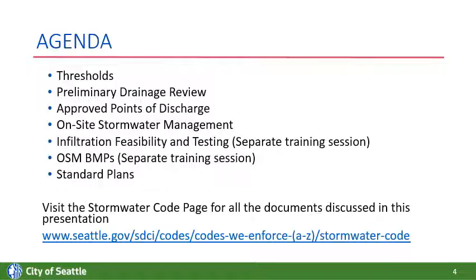And finally, we'll look at standard plans and some examples of some simple projects that can serve as a general overview of what we're looking for to approve projects for drainage review. So all the information is going to be available on our Stormwater Code page. All the documents will be available as well as this presentation.